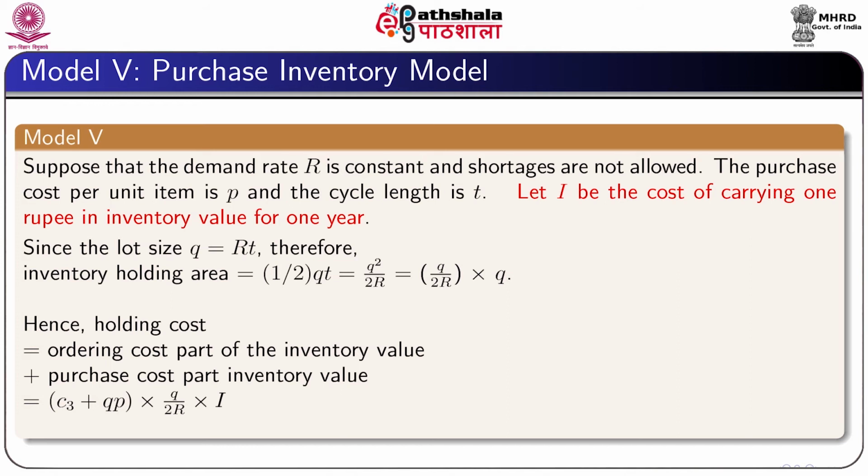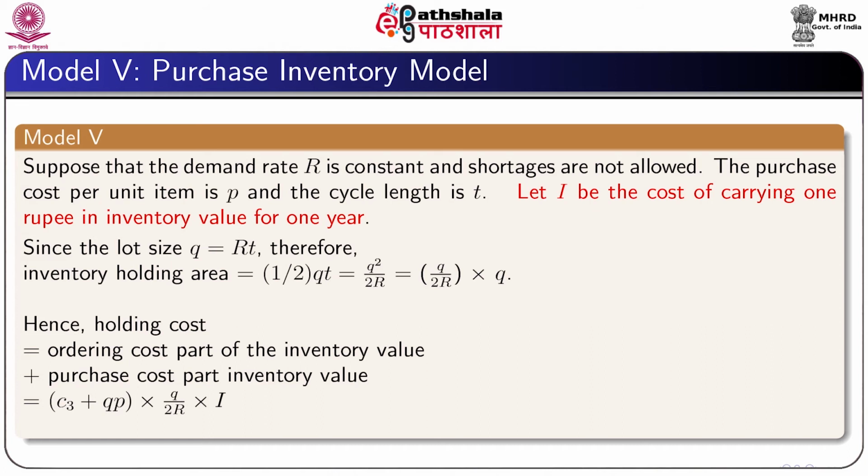Since the lot size is Q equal to RT, the inventory holding area can be easily obtained as half Q into T, that is equal to Q square by 2R.